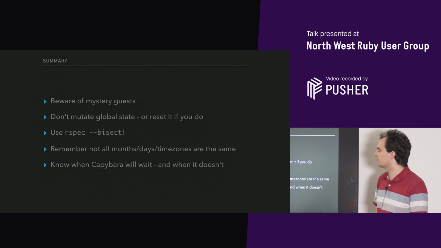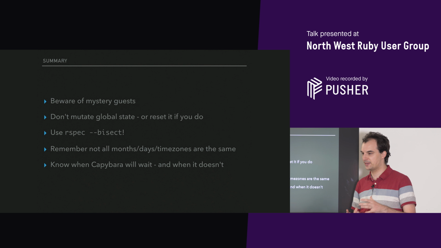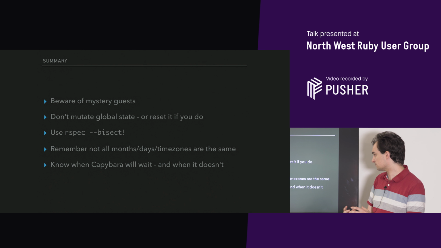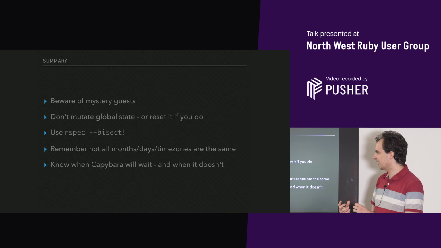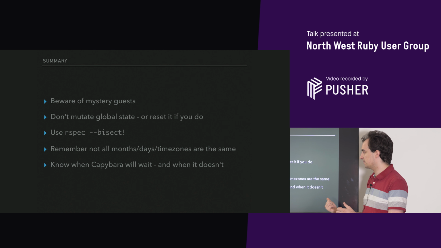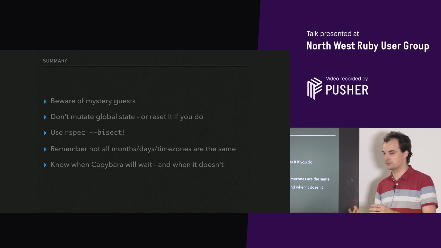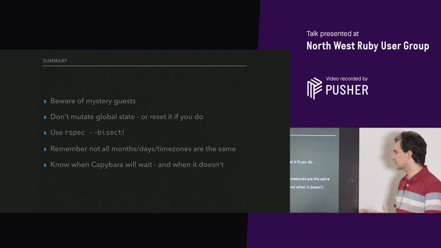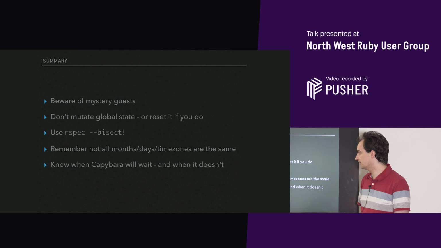Okay, so in summary, beware of mystery guests. Try and bring state that your tests depend on into the test itself. Be very careful about mutating global state. And if you do have to, because sometimes you do, try and reset it. Specifically, that's where RSpec mocks is quite good, because it automatically will do a teardown, and most mocking libraries do this for you, so you don't have to think about it.